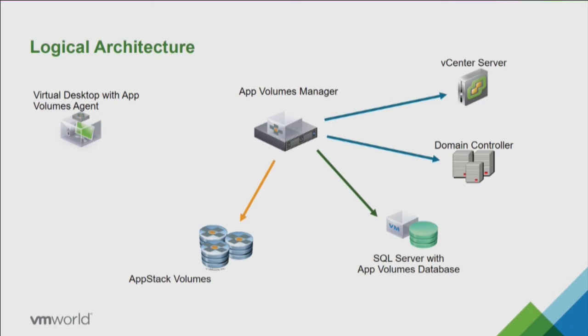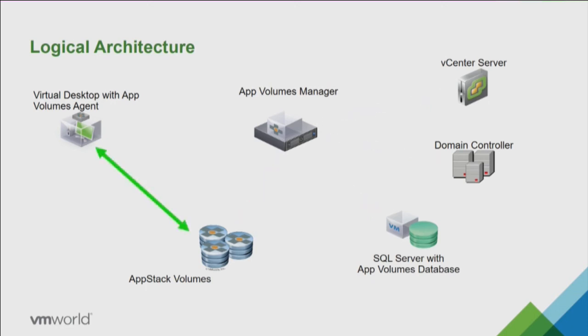Then it talks to vCenter and says, hey vCenter, connect these particular virtual disks, these app stacks, to that endpoint system, and now the user's up and running. And this happens in a fraction of a second while other processes are going on at user logon. So once the user's logged on, they click on the icon for that app or double click on a file, and the app launches and they're running the application. So that's the process of getting things deployed.